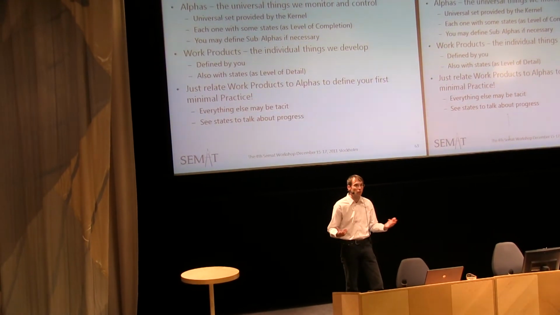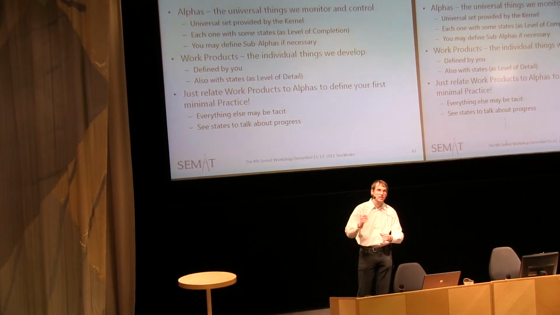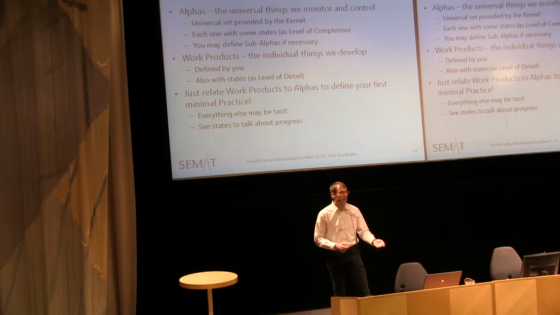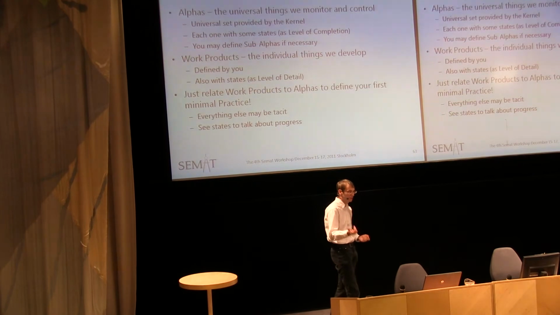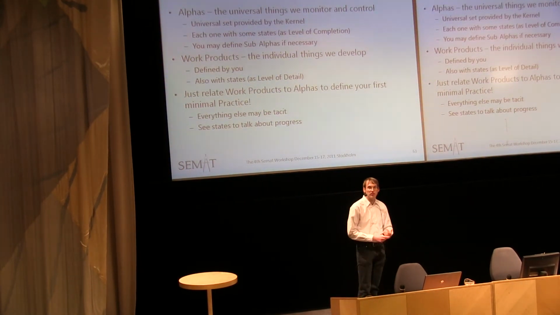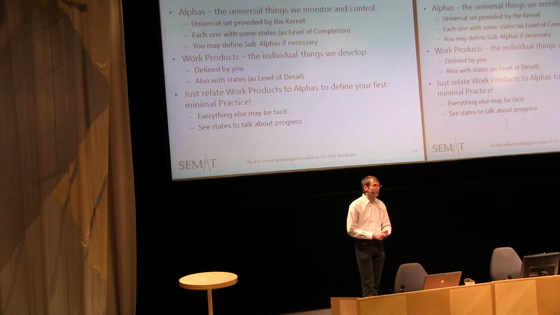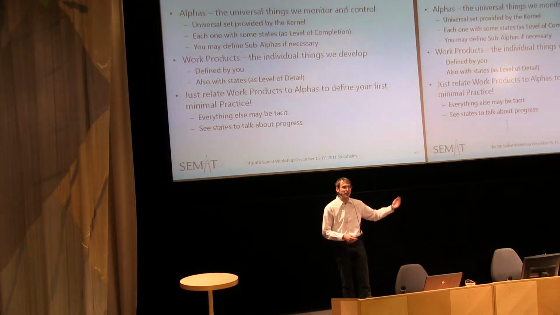It's not always necessary to tell someone, well, I'm talking to the customer, and then I'm doing this, and then I'm doing that. No, you just want to say, I'm using this kind of models or this kind of other work products. And even without saying what you are exactly doing, you have the progress because you have the states. Your alphas are progressing through the states.